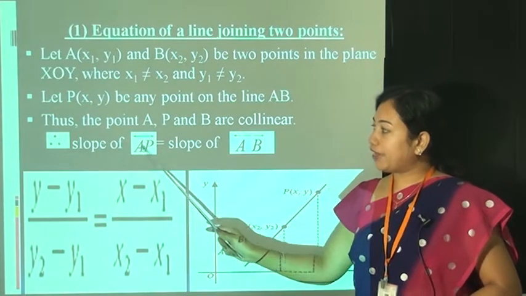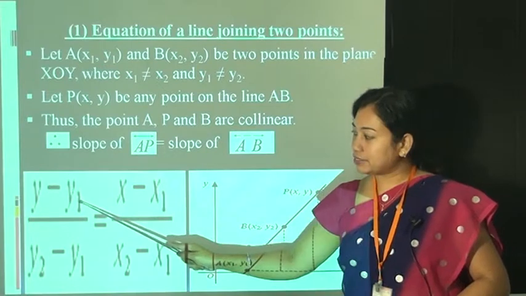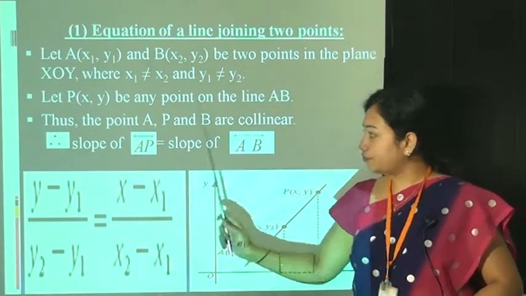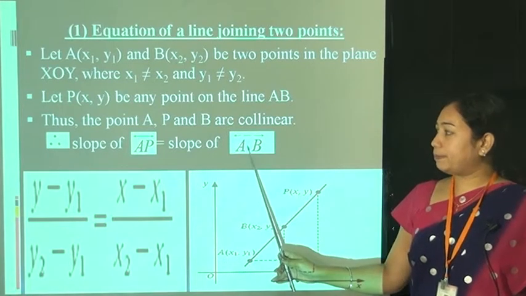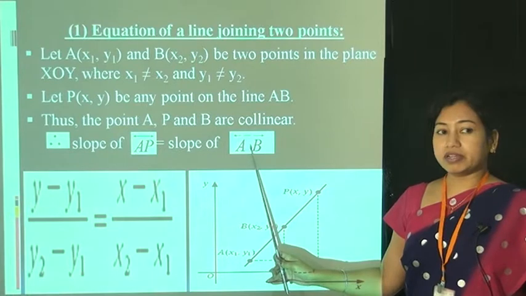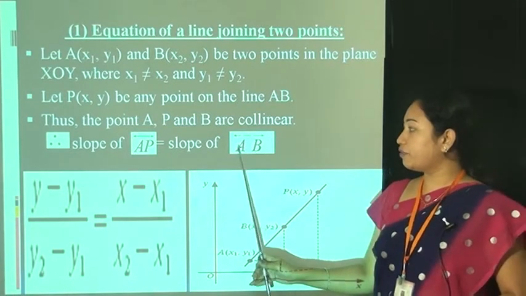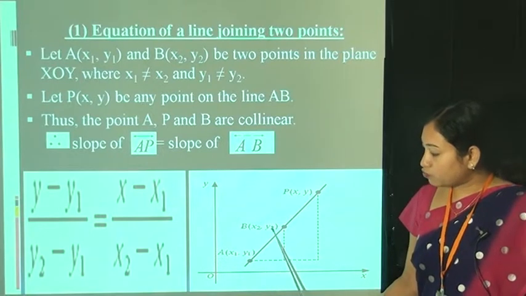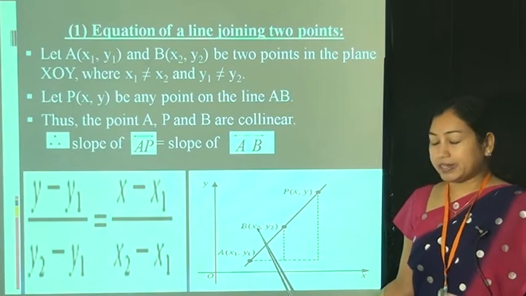So slope of line AP is y minus y1 upon x minus x1, and slope of line AB is the difference of y coordinates divided by the difference of x coordinates. So here you can write y1 minus y2 divided by x1 minus x2.